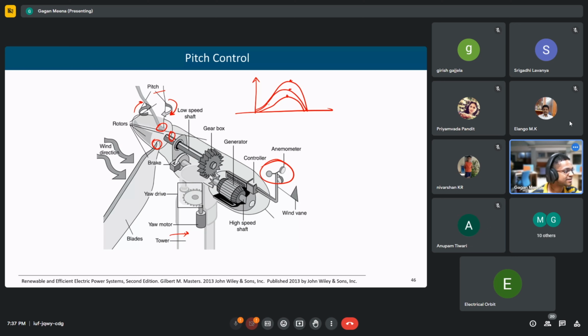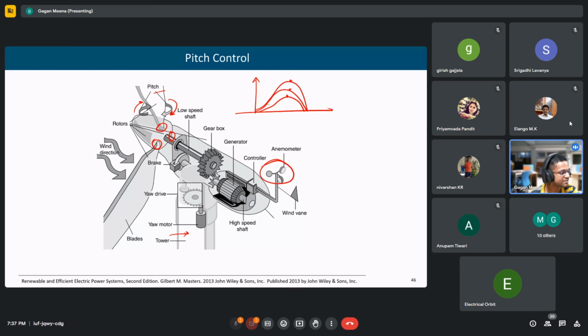But that creates problems for the wind turbine, because if the wind speed is very high and we still want to rotate the turbine at the same speed, then there will be mechanical stress. It will be very difficult. Wear and tear increases and the life cycle of the wind turbine also reduces. Therefore, we no more use that type 1 wind turbine, which had fixed speed.